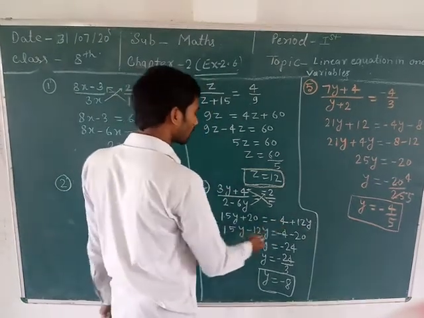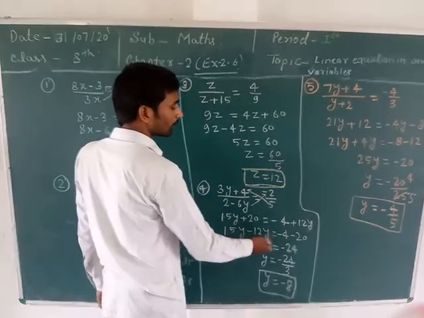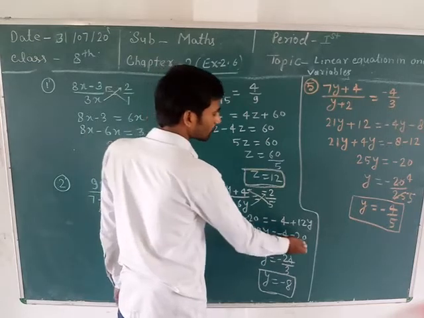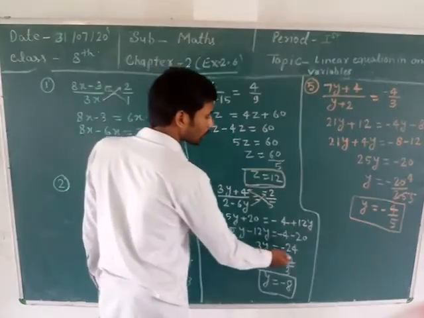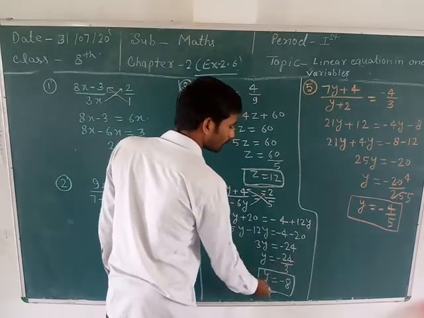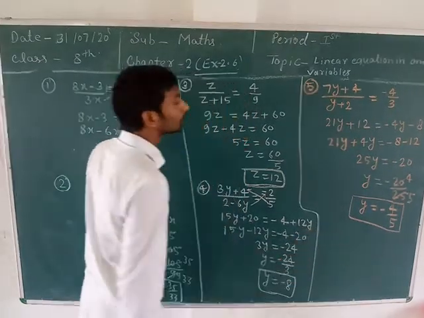Then by the transferring rule, 15y minus 12y equal to minus 4 minus 20. Then 3y equal to minus 24. Then y equal to minus 24 upon 3. Then y equal to minus 8.